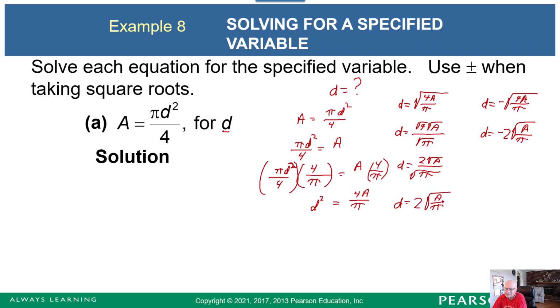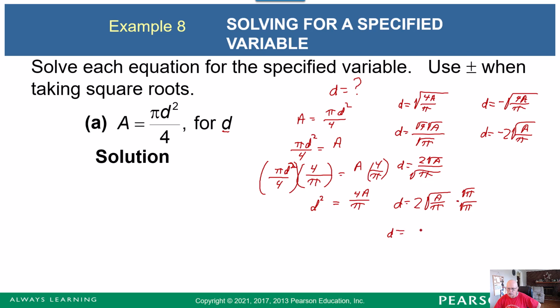Now, this is pretty good, but there are those who would say, we've got a small problem here, Houston. We've got a square root of pi in the denominator. That is not allowable, some people would say that. So we're going to fix that. We're going to multiply by the square root of pi over the square root of pi. I'm just multiplying by 1. So what does that give me?